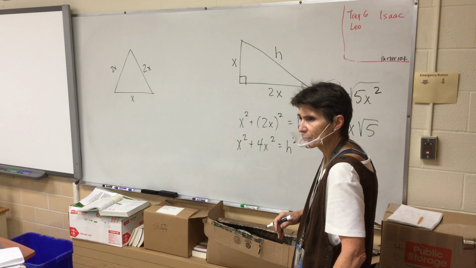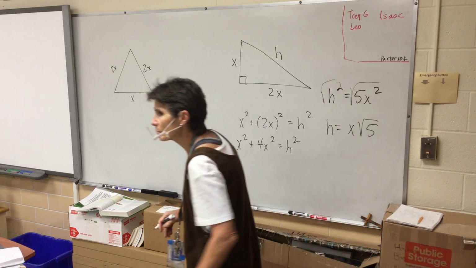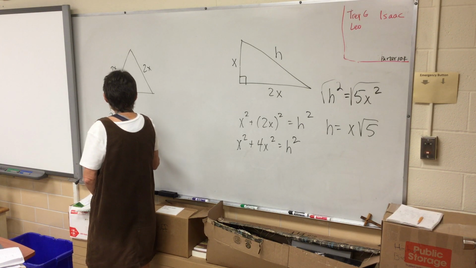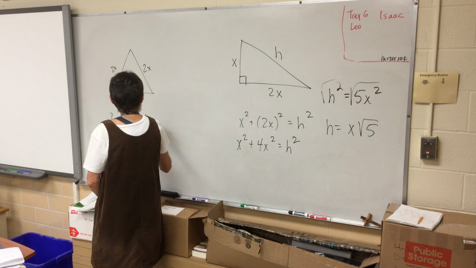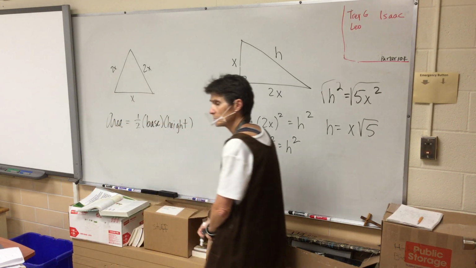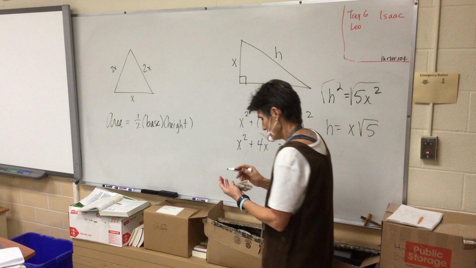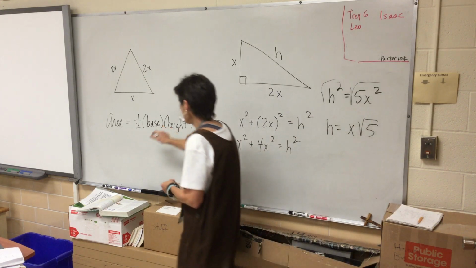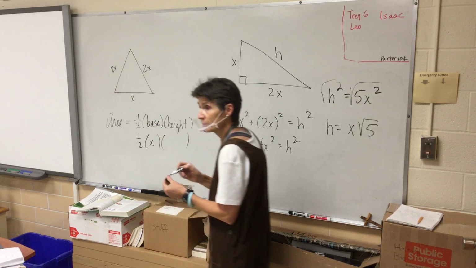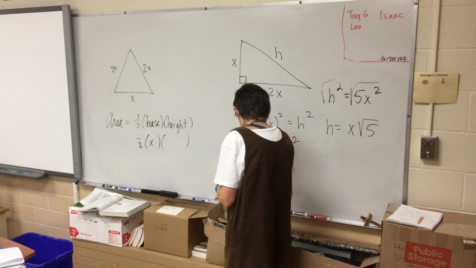Well, the area of the triangle is 1/2 times base. Okay, so my general formula is 1/2 base times height. Perfect. So I have a base, but I don't have a height. So you're saying let's draw it in there.